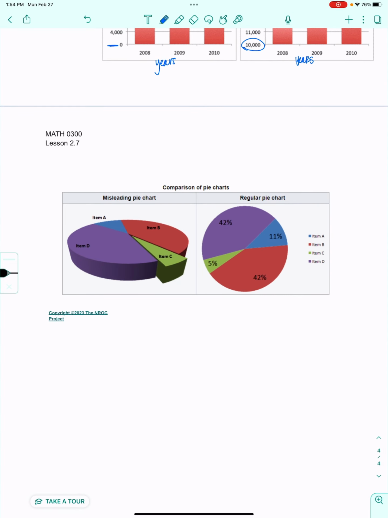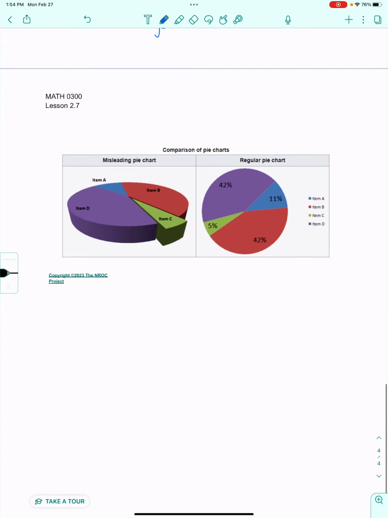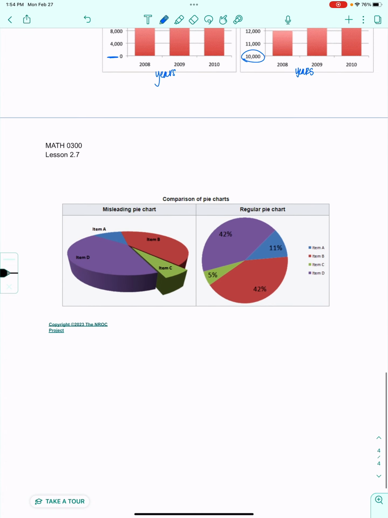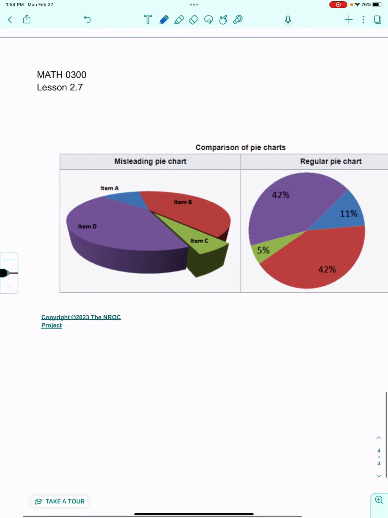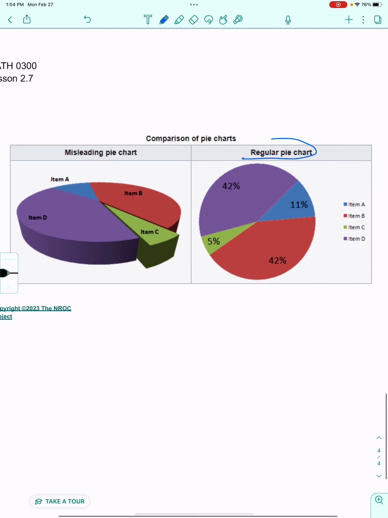The last one we're going to take a look at is a pie chart. In this pie chart, we have two different representations. We have a regular pie chart, plain vanilla, run-of-the-mill pie chart. We can easily tell that we have two much larger sections than the others.